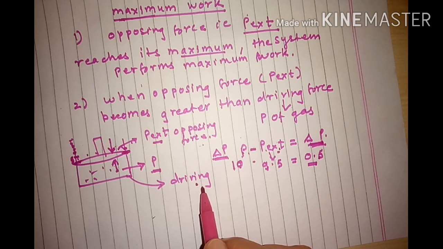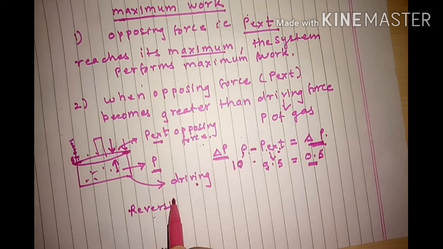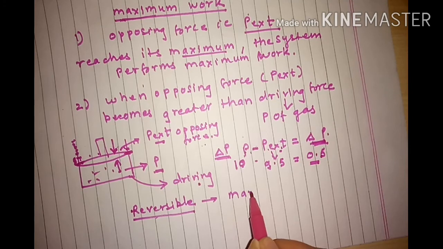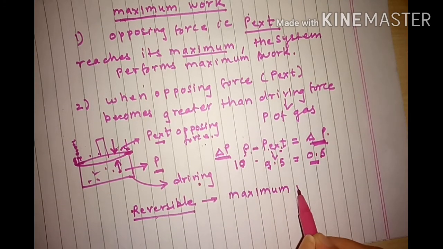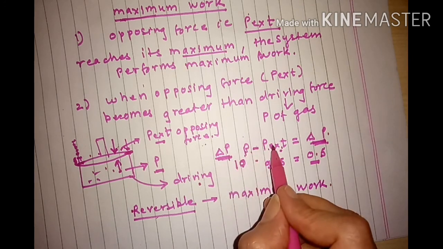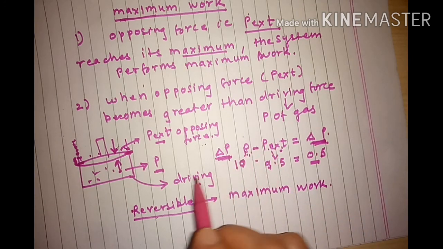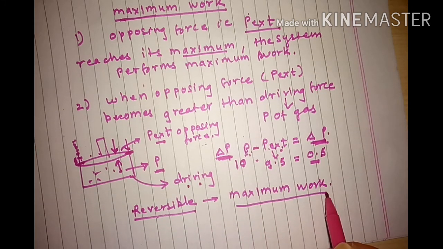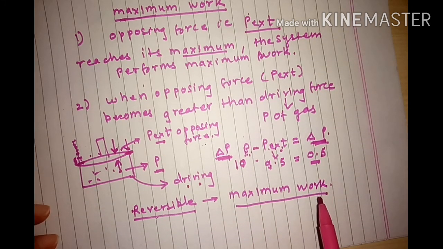Then only you will get the maximum work. This is required for the process to be reversible. So two things arise: the process should be reversible, then only you will get the maximum work, and for that, delta P should be very, very small. Okay, so this is about the conditions for getting maximum work. Thank you.